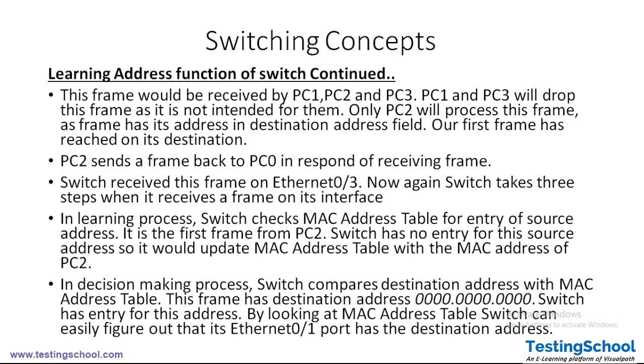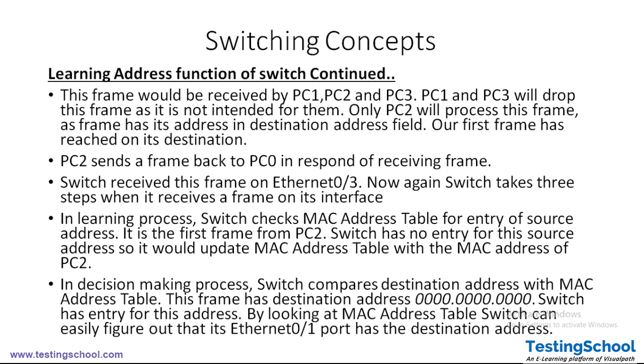What is the difference between unknown and known unicast? Last time the destination MAC address entry was not present in the MAC table, but this time PC1's destination MAC entry is present in the MAC table.